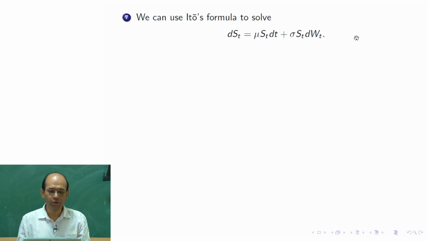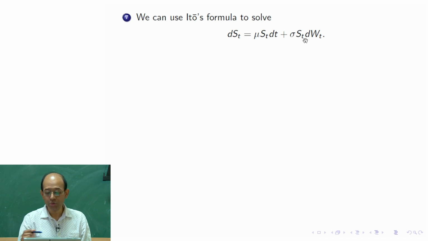We are going to see how to solve this equation. But before that, let me explain that if dst has this form, then the quadratic variation of st is obtained by taking dst whole square, which gives mu st dt plus sigma st dwt whole square.